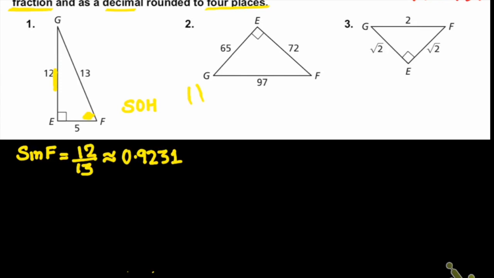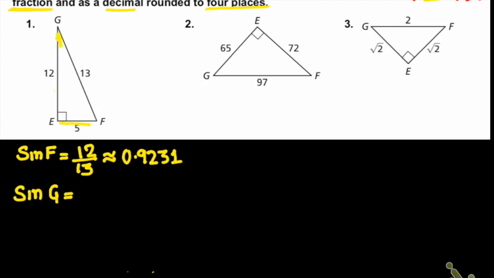I got sine F. Now I need to get sine G. Let me first erase this coloring so that I can explain. If I have to find sine G, again I know it's SOH. For G I have to look at the location of the angle.